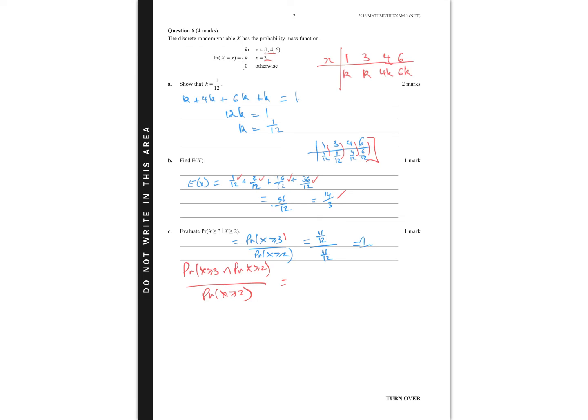The intersection is for what set of values are greater than 3 and greater than 2, and that's where that comes from. Yeah, and then x is greater than or equal to 3 from the table is going to be 11 on 12. The probability that x is greater than or equal to 2 is also 11 on 12, so 1. You can see that it's between.